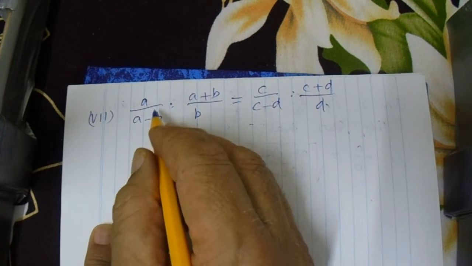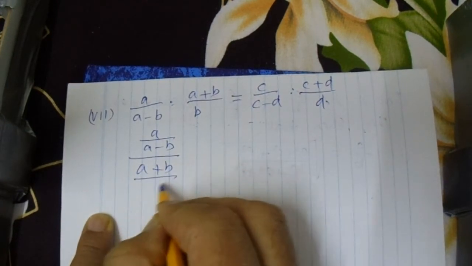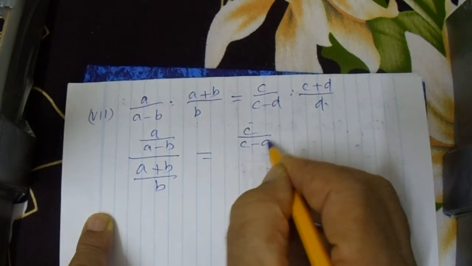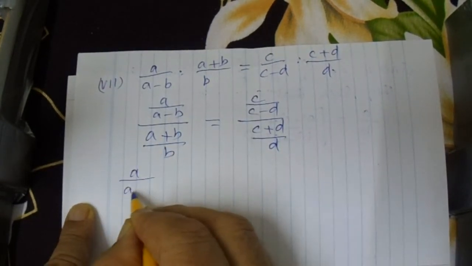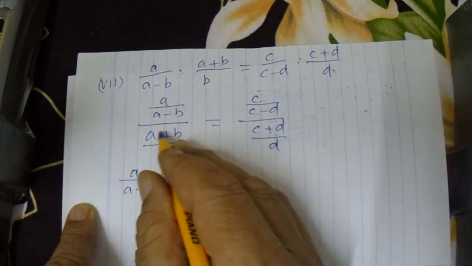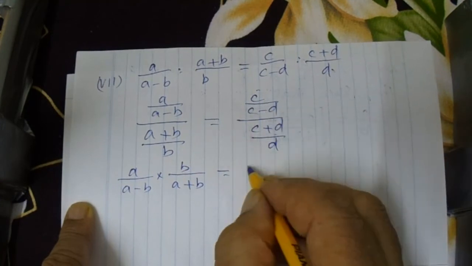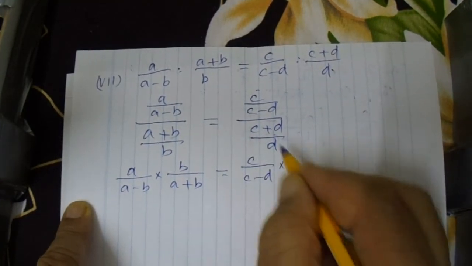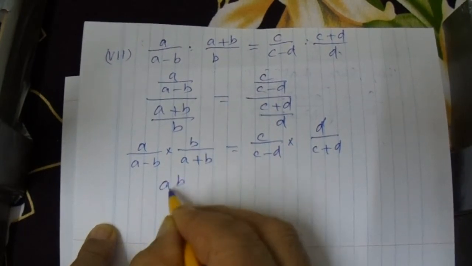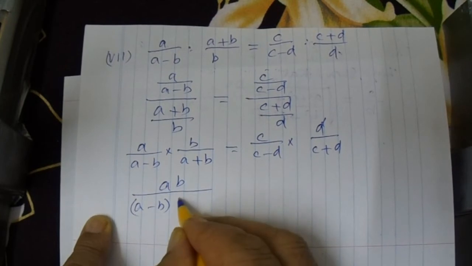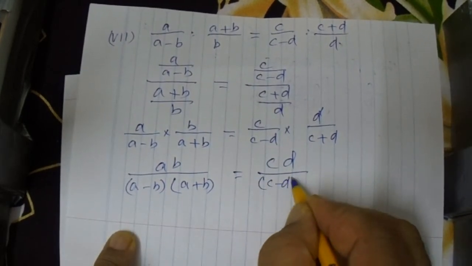We write first in fraction form, A over A minus B, fraction A plus B over B is equal to C over C minus D over C plus D over D. We write again A over A minus B multiplied by the reciprocal of this, B over A plus B, is equal to, similarly, C over C minus D multiplied by D over C plus D, and we write AB over A minus B into A plus B, again is equal to CD over C minus D and C plus D.